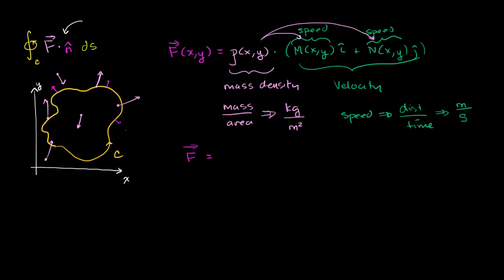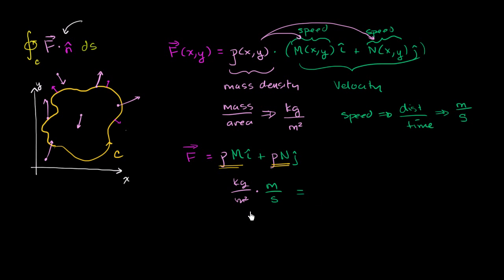F is going to be equal to rho times m times the unit vector i plus rho times n times the unit vector j. Now, what are the units here? What's rho times m? What units are we going to get there? And we're going to get the same units when we do rho times n. Well, if we pick these particular units, we're going to have kilograms per meter squared times meters per second.